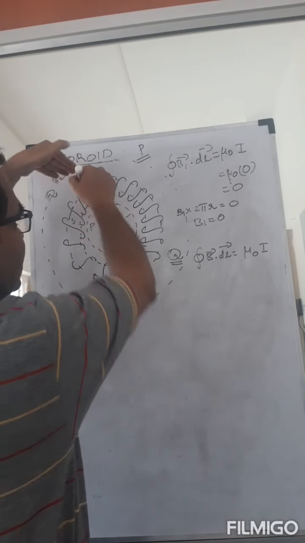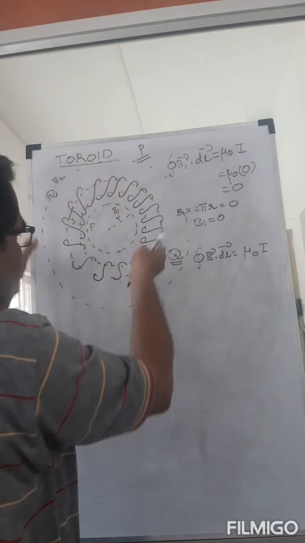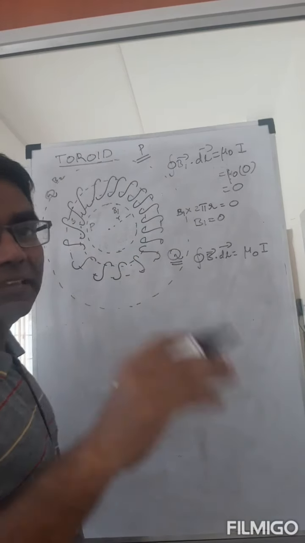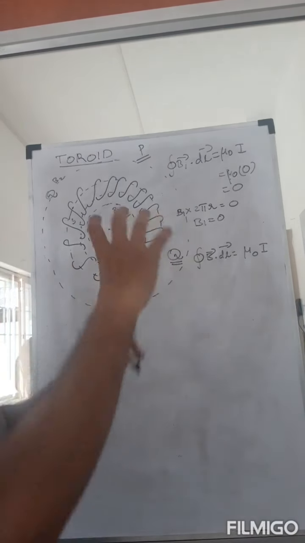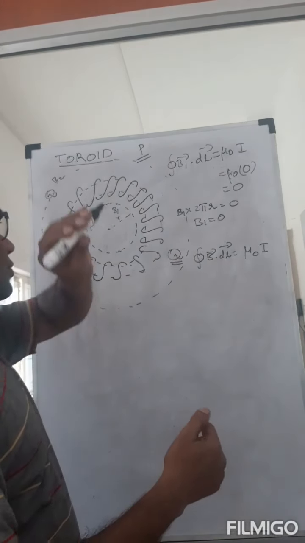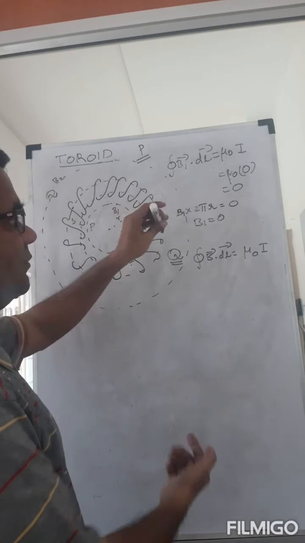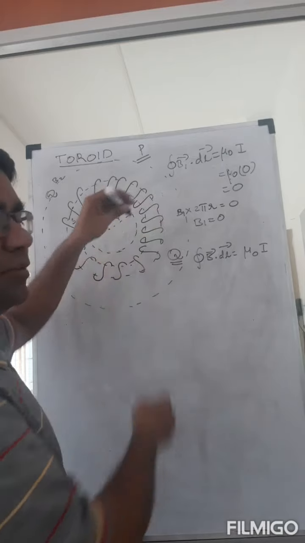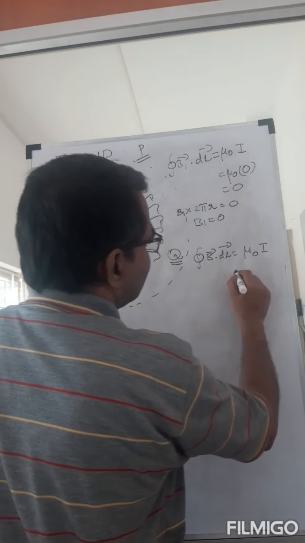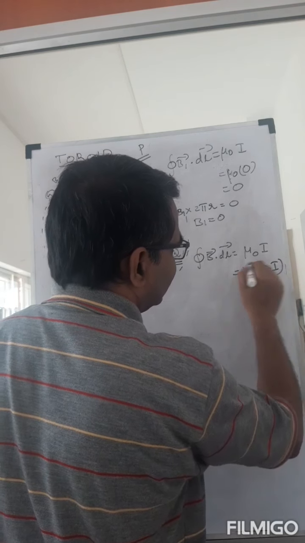So one is positive, the other one is negative. So the total amount of current piercing this surface is also 0, because when you have those rings, the ring goes in and then the ring comes out. So I positive, I negative. When you sum it all up, it becomes 0. So this is going to be mu naught into I minus I.